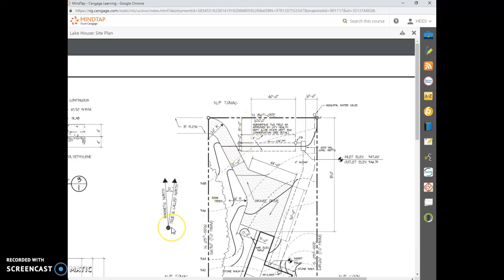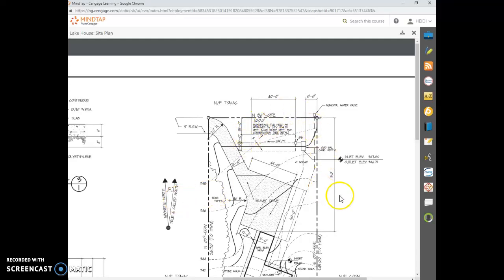Now that we know this is the property line, this is the bearing, this is the length, we need to refer back to our north arrow so that we can orient ourselves to the north side of the plan. The first question wants to know the length along the north side. North is pointing up, so this is the north side, and our length would be 100 feet. The second question says, what is the length along the east side?